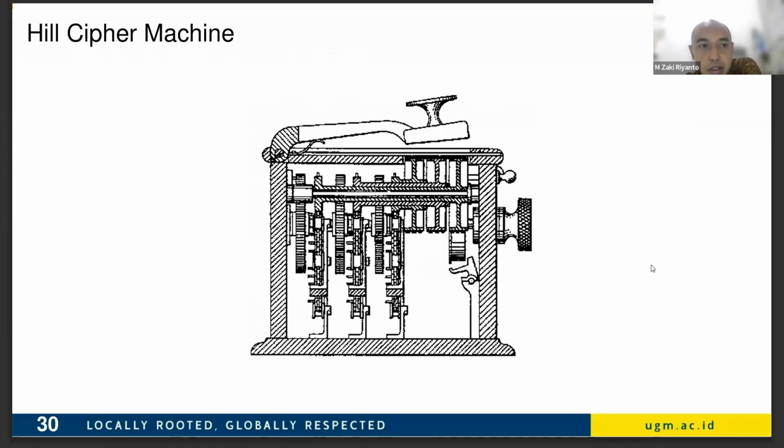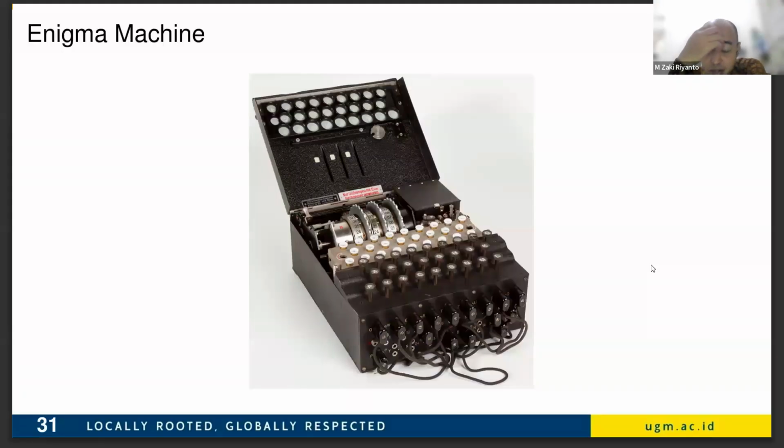So we know that we have some cipher machine here that was used in World War One, I think, the First World War. And we also know a very famous cipher machine in the world. It is the Enigma machine.